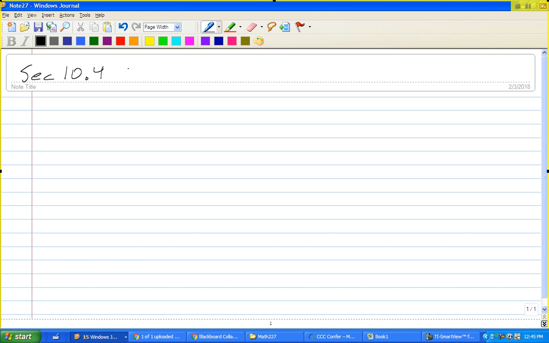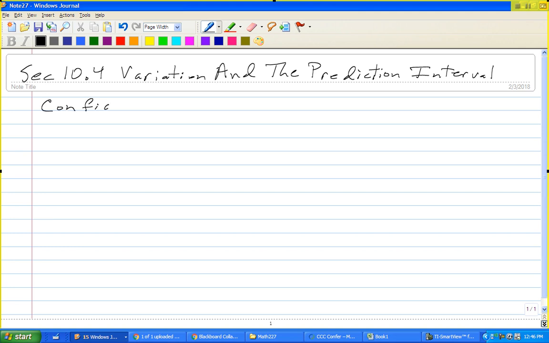Variation and prediction interval. Okay, so confidence intervals of variables.